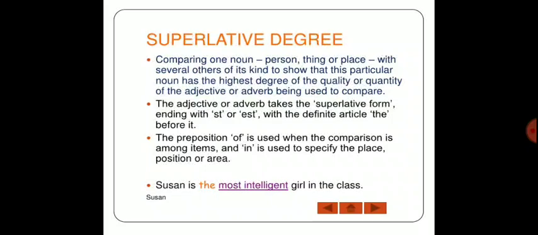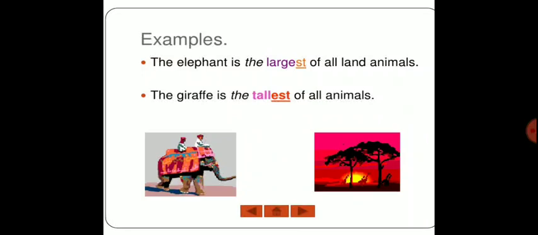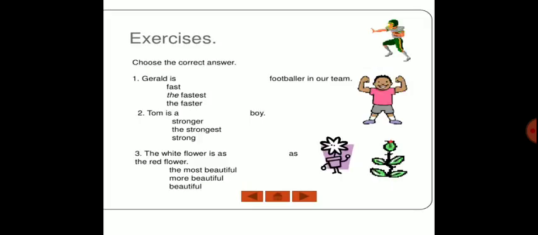The adjective is used in superlative degree, like brave, braver, the bravest; large, larger, the largest; wise, wiser, the wisest. Example: the elephant is the largest of all land animals. The giraffe is the tallest of all animals, meaning the giraffe is the tallest among all the animals.